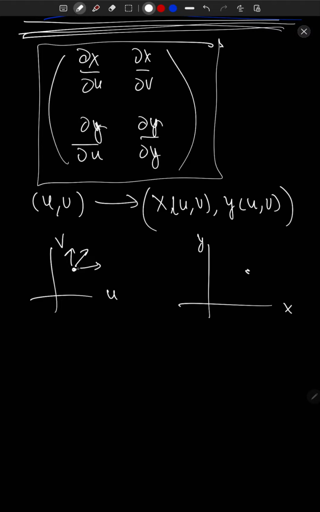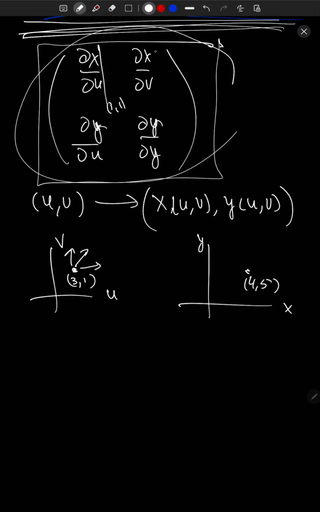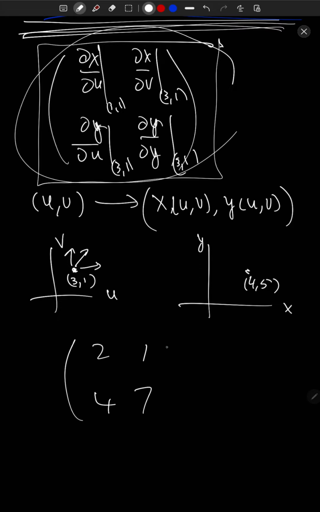All right. So if I fix a point, let's say (3, 1), let's say it goes to (4, 5) here. So this matrix here, if I evaluate at (3, 1), this is just going to be a matrix of numbers, right? Once I've plugged in (3, 1). So it's going to be, for example, 2, 1, 4, 7, something like that. All right. What is that?